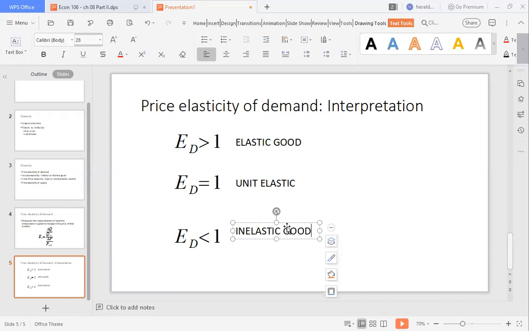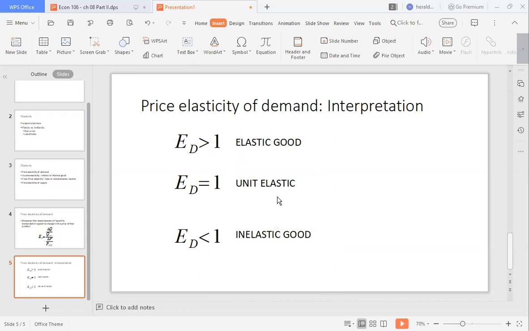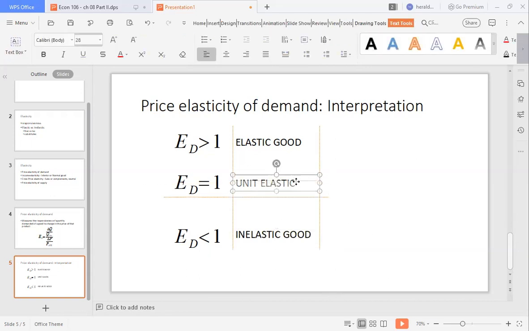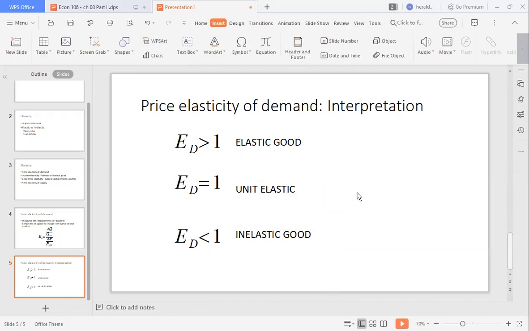Now, as I mentioned last time, why is it important that we know if the good is inelastic, unit elastic, or elastic? On the side of a producer, if you are deciding whether to increase your prices, you have to know what kind of good you have.